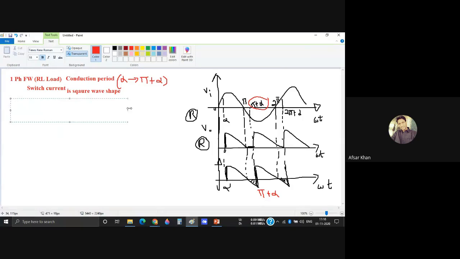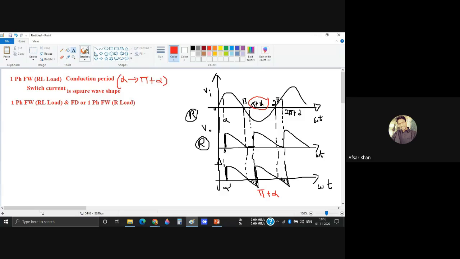If you are using R load, you don't need to use a freewheeling diode. But if you are using RL load, there we can use a freewheeling diode. Yes or no, students? Yes, sir.